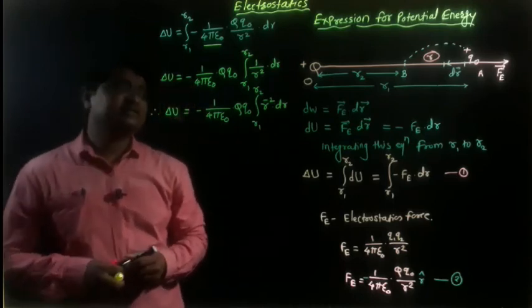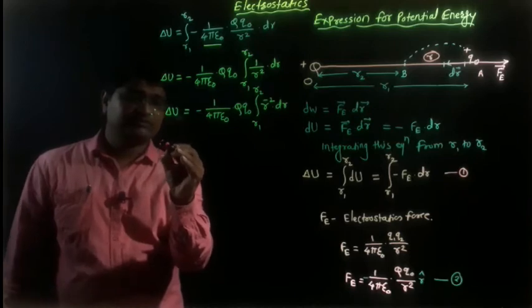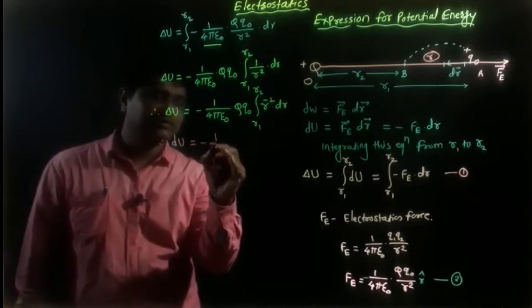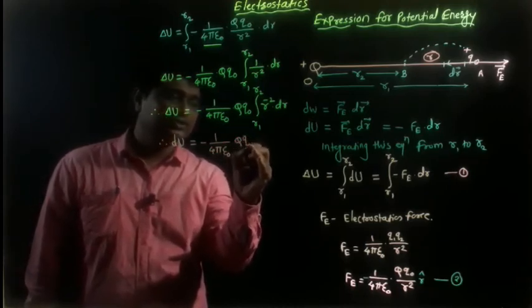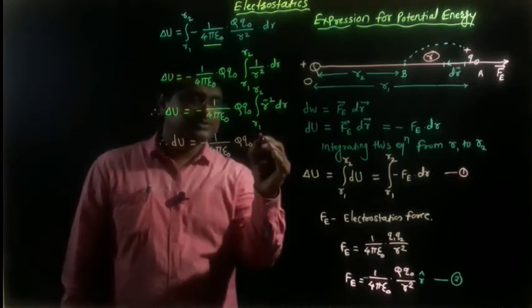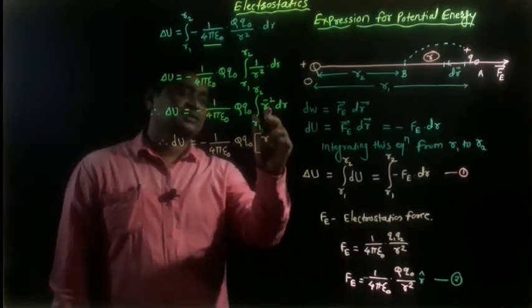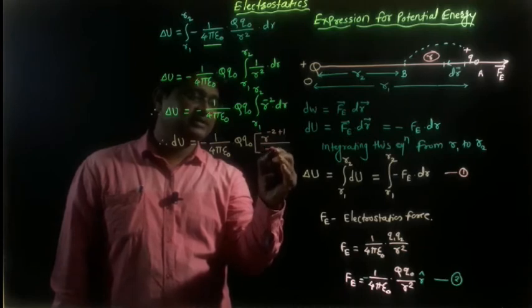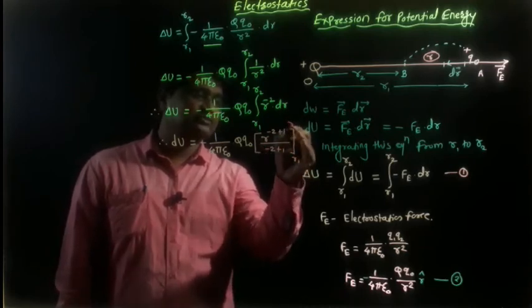So the change in potential energy is equal to the negative sign of 1 upon 4 pi epsilon naught into Q naught. See the integrating value: r raised to minus 2 plus 1, whole divided by minus 2 plus 1, and the limits are r1 to r2.